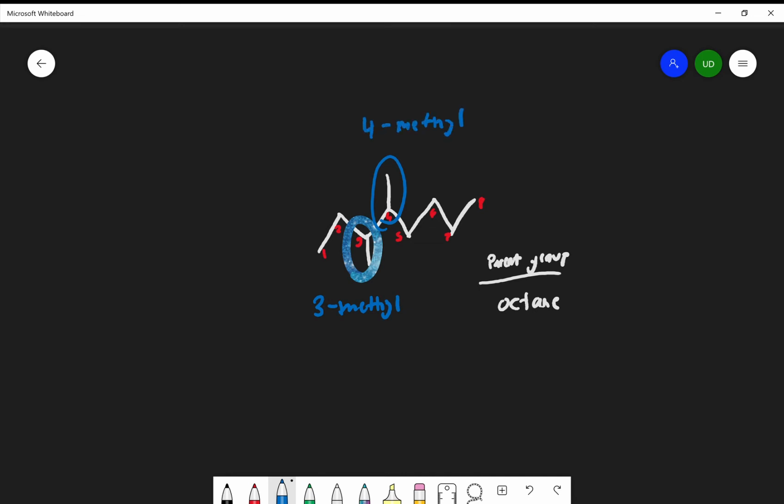Before we start naming this, you've got to combine these. So it'd be 3,4-dimethyl, since there are 2 methyls present on carbon 3 and carbon 4, hence the comma. And then we end it with octane. So that's the name of this compound.